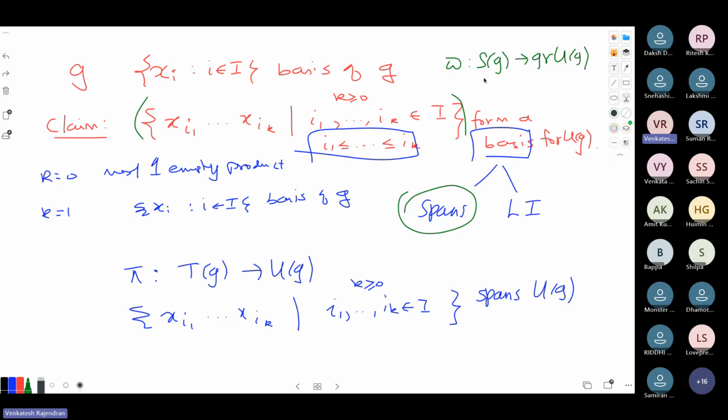Since you have this natural basis in SG, which is all these increasing monomials, the image of that will be a spanning set in the grade UG. Like I said, grade UG is isomorphic to UG, so you are not going to lose anything. You just go there to UG, then you will get this set, and that will be a spanning set. So it's already embedded in this map omega. Okay, so that's the easy part.